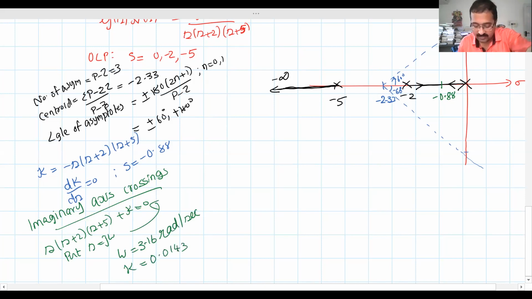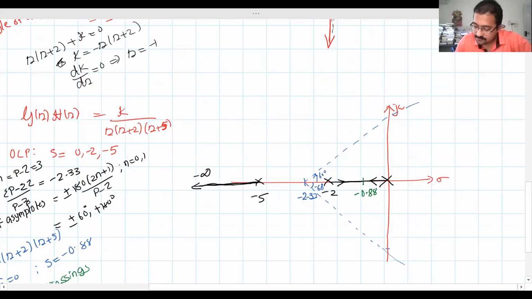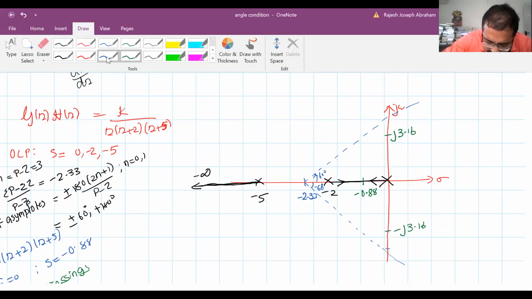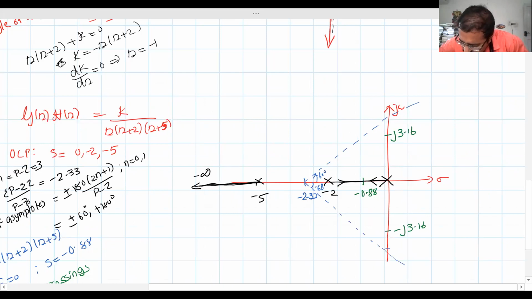Now we have to mark that 3.16. Maybe here j 3.16, and this will be minus j 3.16. So this goes to infinity and this goes to minus infinity.